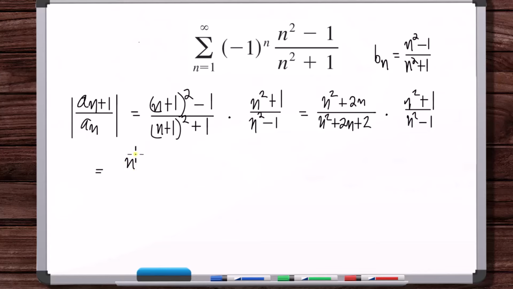So n to the 4th plus n squared plus 2n cubed plus 2n. All right.